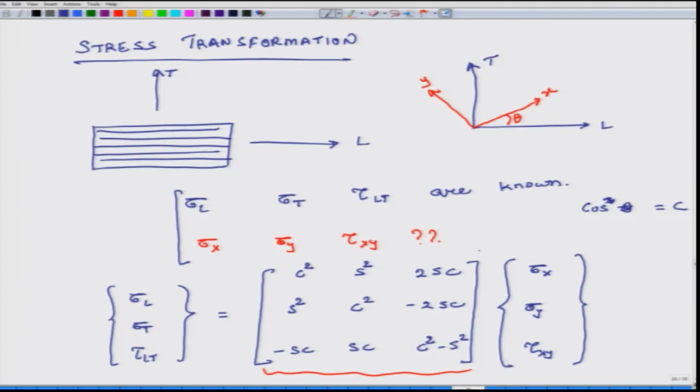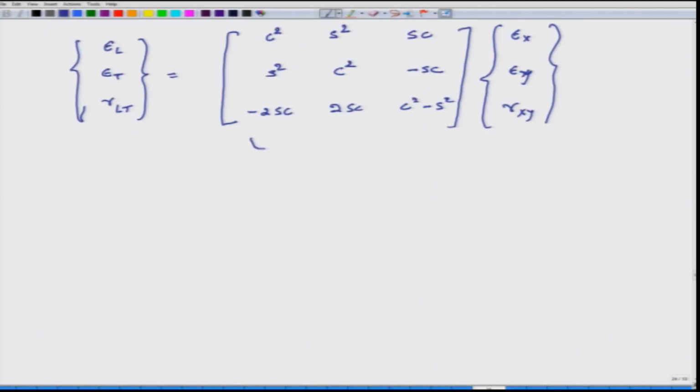I call this matrix transformation matrix number 1, T1, and I call this matrix the second transformation matrix.